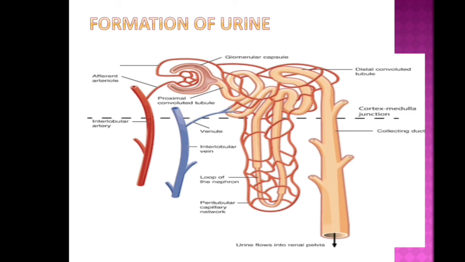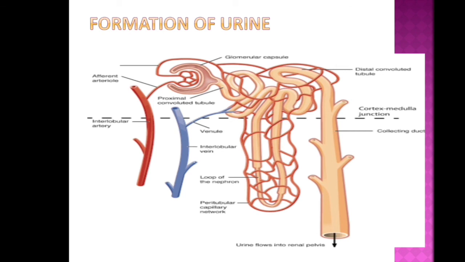So you see there are various blood capillaries which surround the tubule, and only the waste substances, urea and some unwanted salt and excess water, remain behind in the tubule. And the liquid left behind in the tubule of the nephron is what? It is the urine. So urine, you all know, is somewhat yellowish, yes or no? So it is a yellowish liquid.